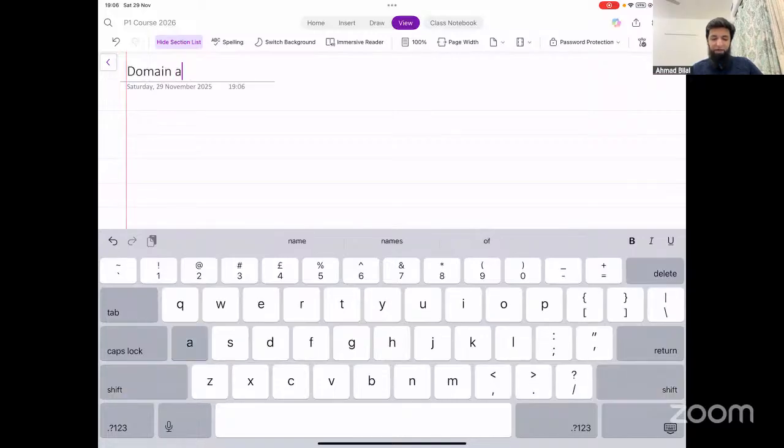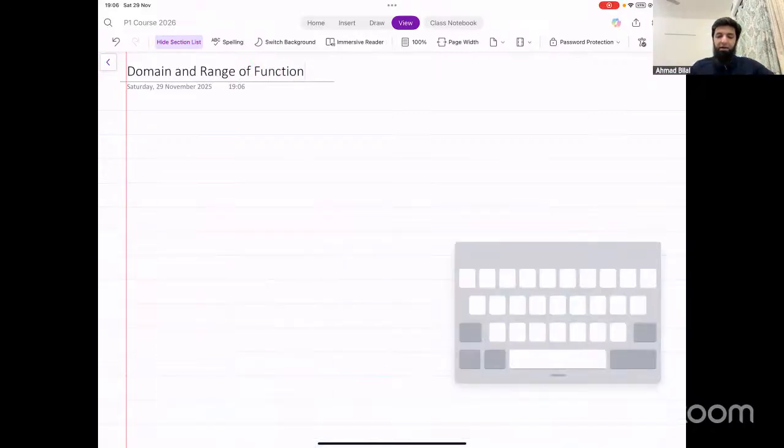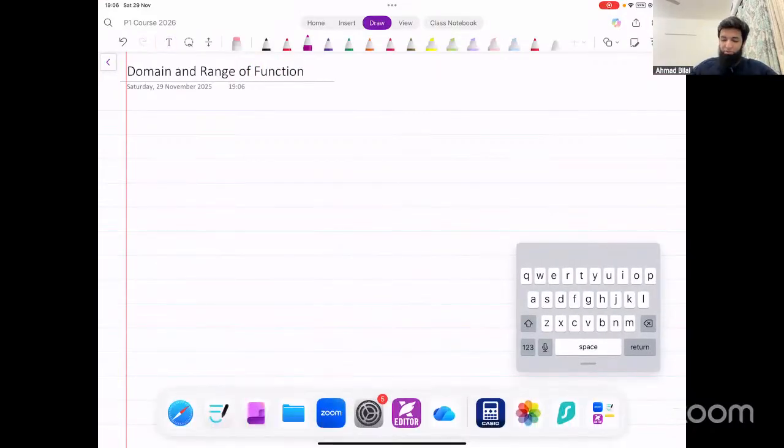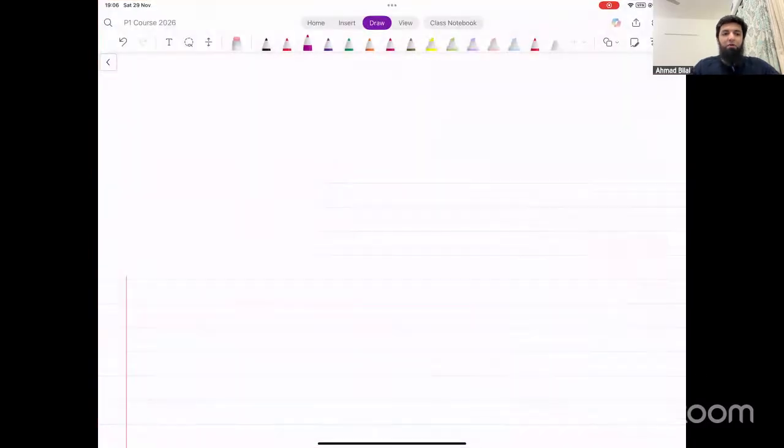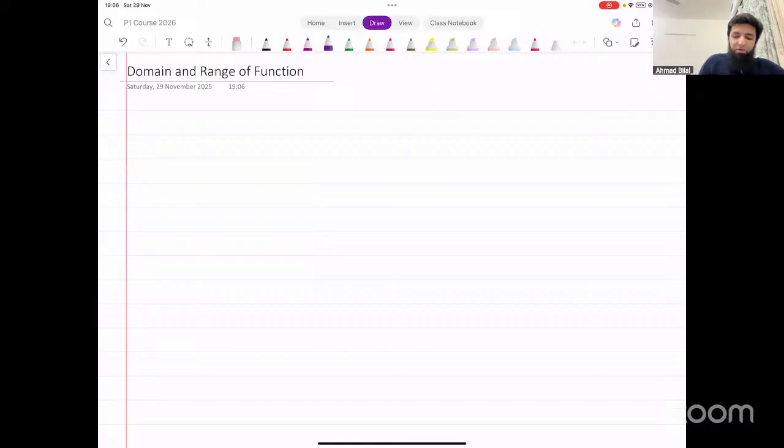So we have two terminologies that we'll be using in this topic a lot, and they are domain and range. Now, what do they stand for? What is domain and what is range? Let me write that down here.